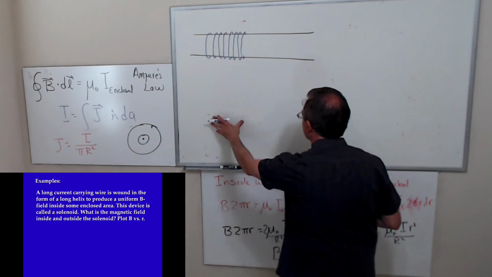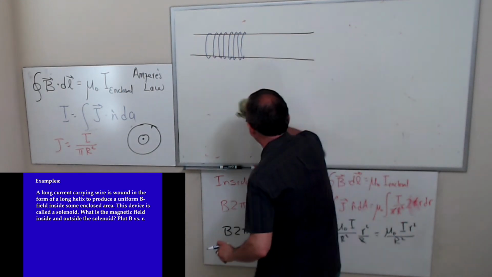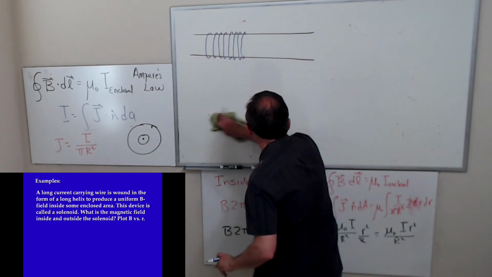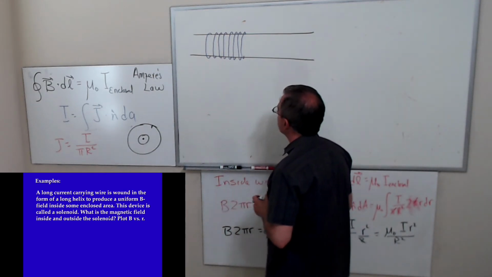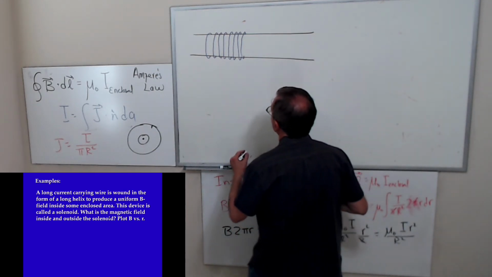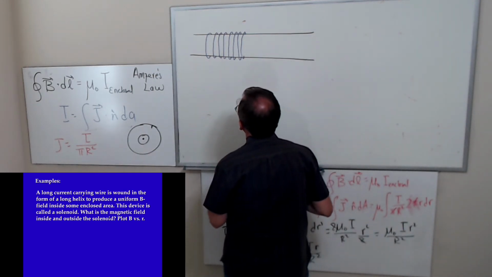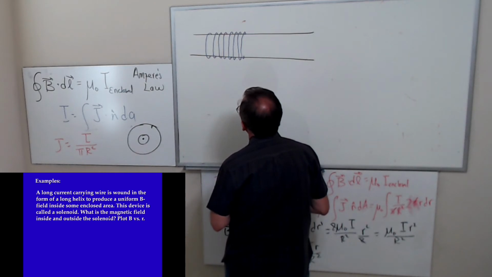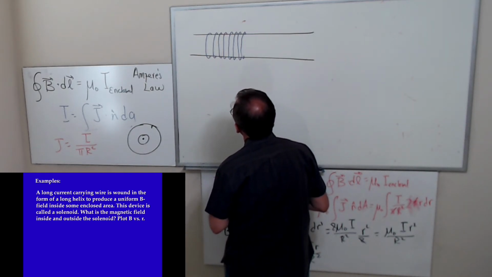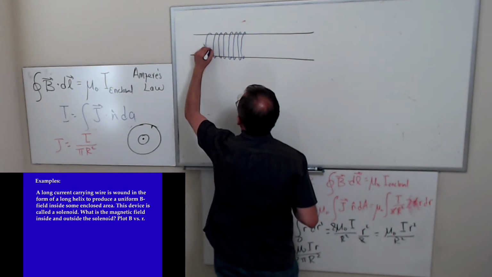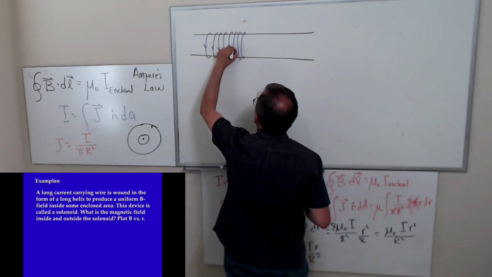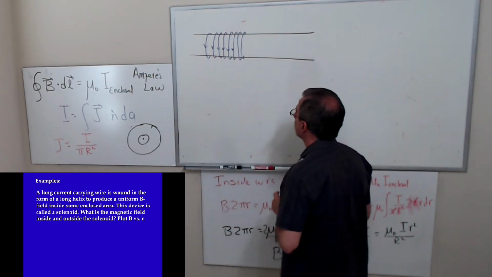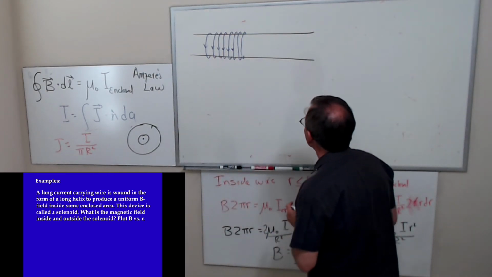Actually, I should have drawn it down here, but that's okay. What can we say about the magnetic field? Let's say the current. It should be in the same direction as the wire, right? I'm sorry? Should it be in the same direction as the tube it's wrapped around?